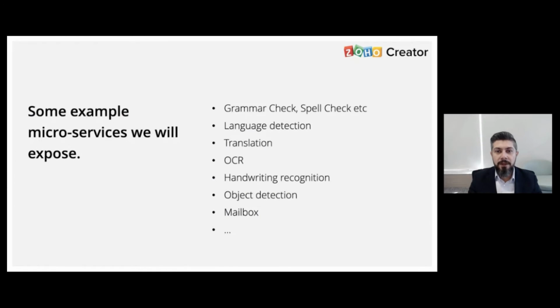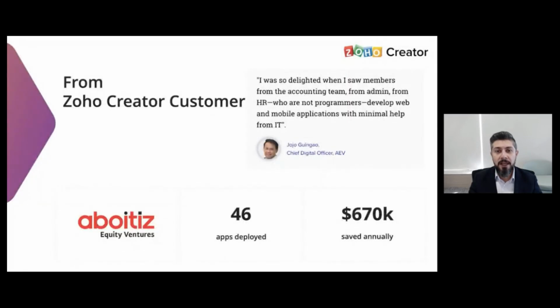So yeah, basic services, this is microservices that you can expose, as I mentioned, OCR, translation, handwriting recognition, all of that. Some of them are available out of the box, some of them are available with integrations.